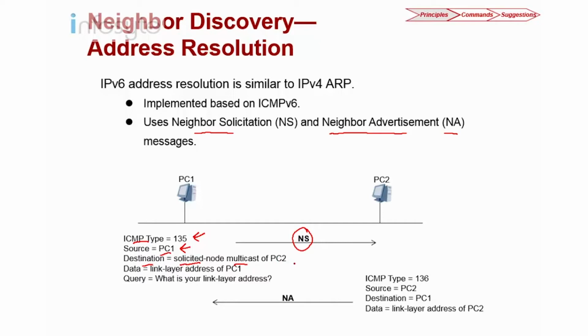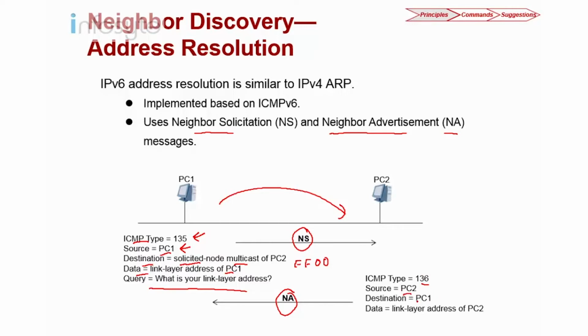So you can see that it's a multicast. We know that multicast addresses start with FF0 something. It also consists of the link layer address of PC1, and this is a query. When this query reaches the PC that PC1 requested, it will receive this query, or in this case a solicitation, and reply through the advertisement, and this time the ICMP type will be 136.